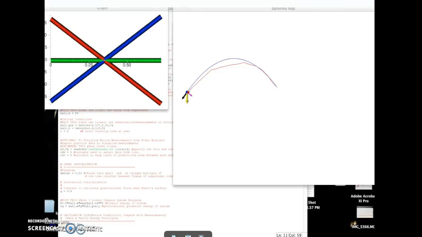The blue line is showing the change in kinetic energy, which represents the ball slowing down towards the top of the arc and then speeding back up in the opposite direction. The red line shows the change in gravitational potential energy, which increases towards the top of the arc and then decreases as the ball comes back down towards the ground. Essentially, this graph is showing us that parabolic motion is just a zoomed-in version of the motion of oscillations.